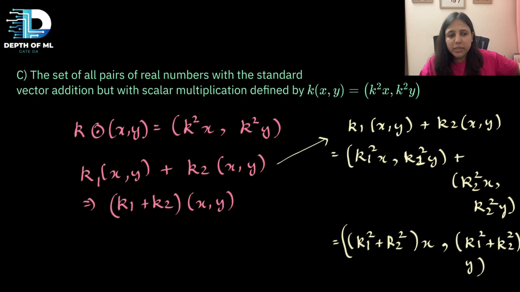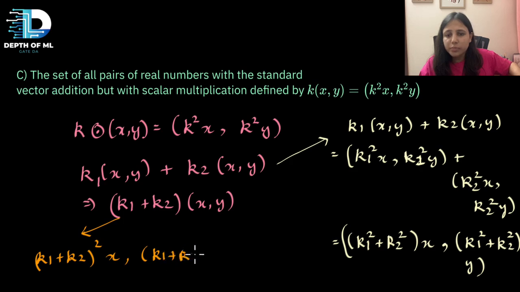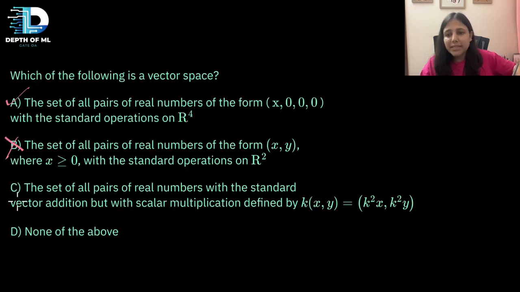Okay. Now let me do the other part. So this basically is saying that we have to do ((k1 plus k2)² x, (k1 plus k2)² y), right? Now these two are actually not equal, right? So the multiplication is not defined well. Both of them are not coming equal. Hence this is not defined correctly. Hence this is not a correct vector space. So only A is correct. So the answer to this question is A. Okay, so A is correct.